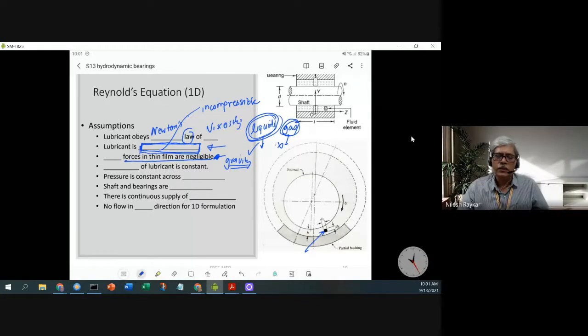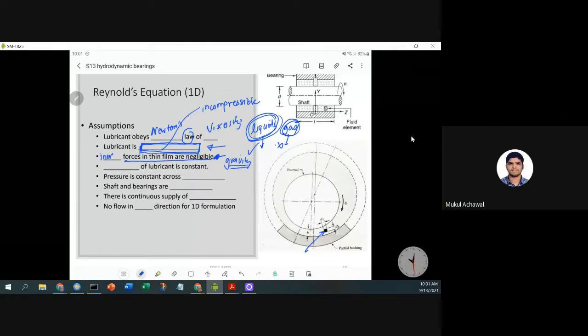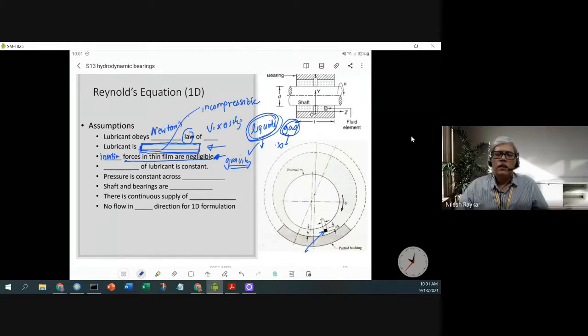So why would inertial forces come? Due to the volume, it would resist the motion. Okay, it is because of the acceleration and deceleration, if it is happening. So mass of that particle into whatever acceleration it has got, that is the inertial force.